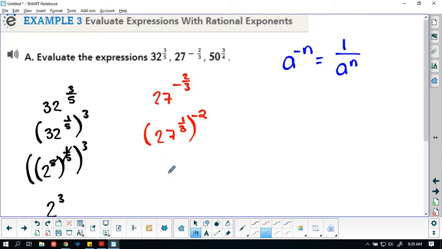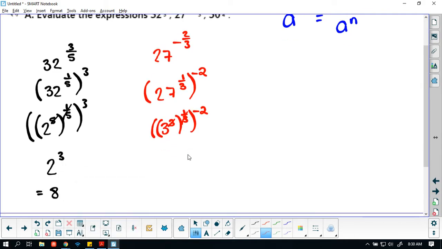27 is 3 cubed, so this is 3 cubed to the 1/3. And again, think to yourself, why did I do the cubed? Well, I did the cube so these two become 1 when multiplied, and we're left with just the 3. Going back to my exponential property, I do have a negative here.